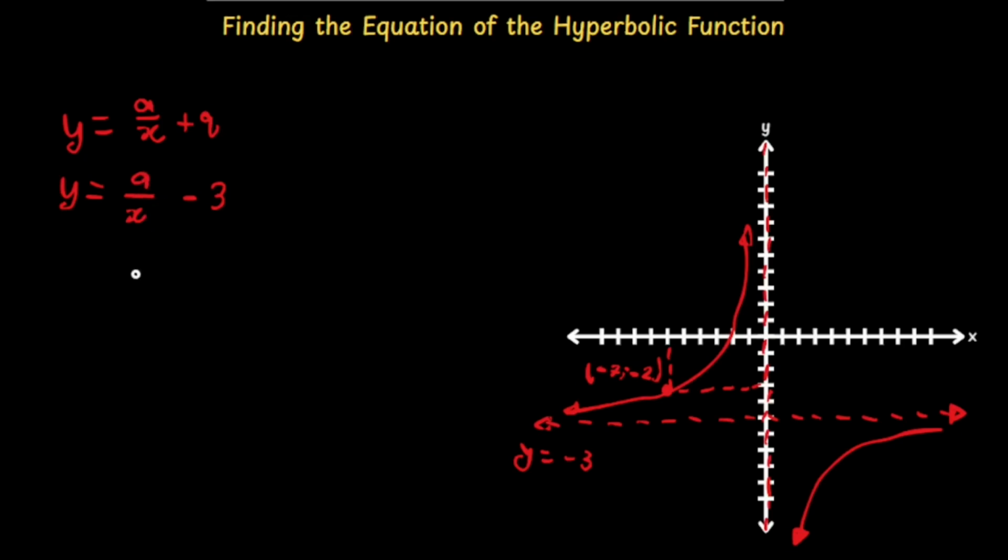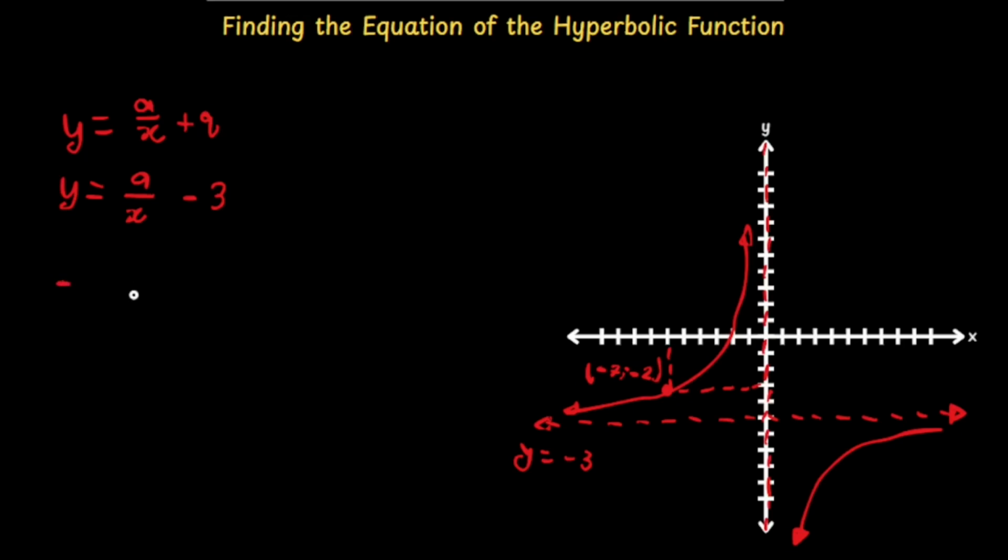So how would we solve for a? We know that a is going to be a negative number because a lies in the second and the fourth quadrant. Okay, so let's go ahead and substitute in the known point to obtain a.